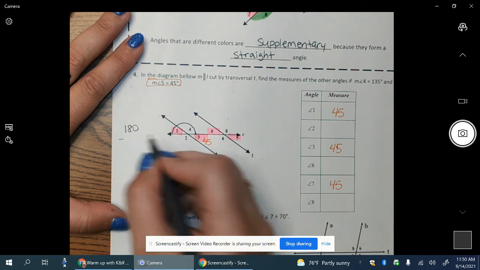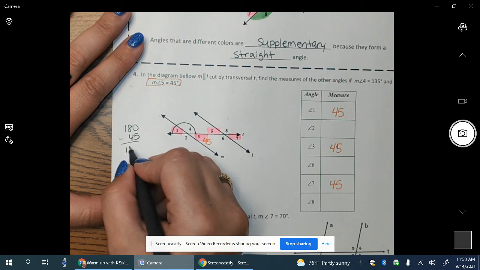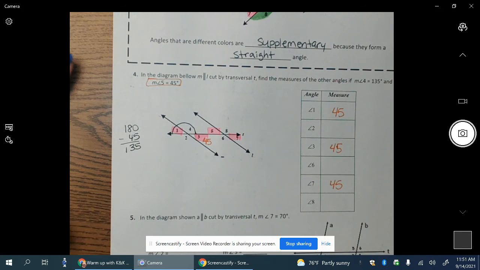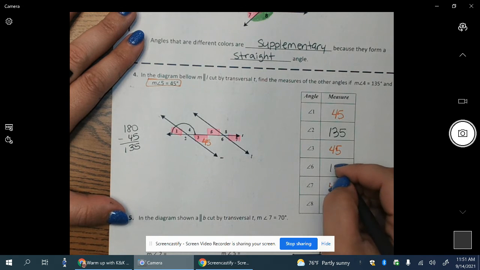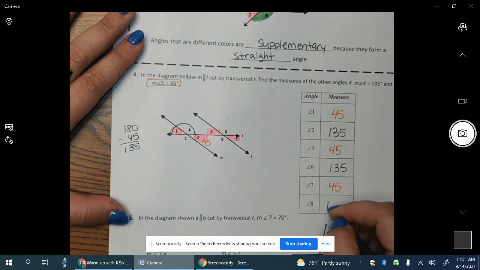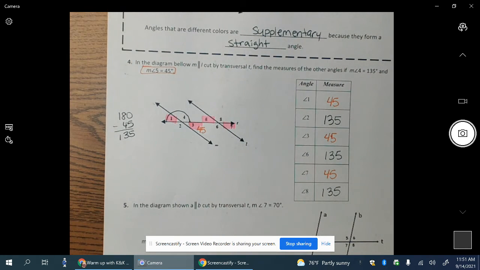So 180 minus 45 is 135. So angle 2 is what? 135. Angle 6 is what? Angle 8 is what? 135. So remember, it can only be two different things, congruent or supplementary. Once you figure that out, you just got to do the math.